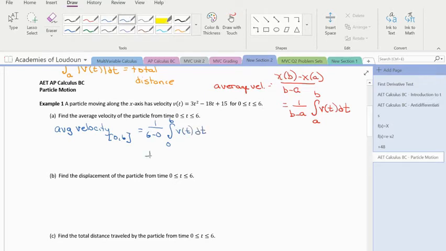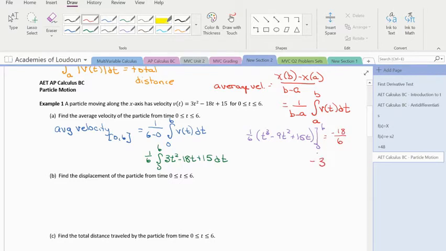So this is 1/6, the integral from 0 to 6 of 3t squared minus 18t plus 15 dt. So now we have 1/6 times the integral of t cubed minus 9t squared plus 15t evaluated from 0 to 6. When we have evaluated this, we end up with negative 18 over 6, or negative 3.